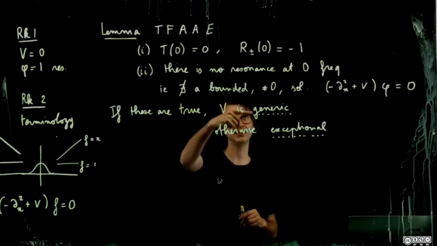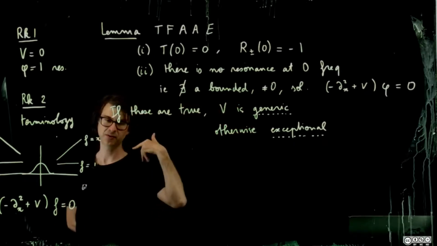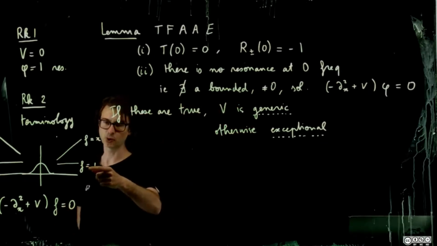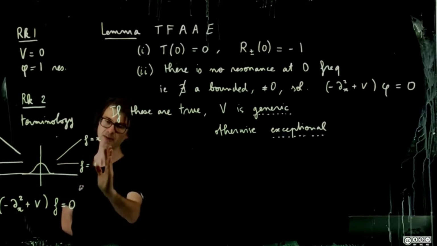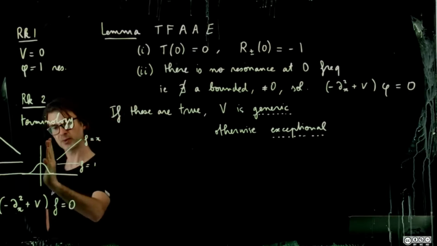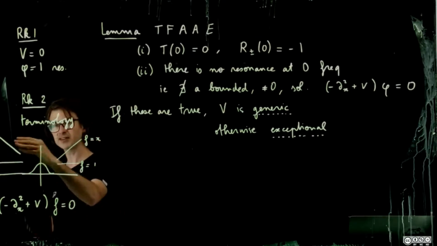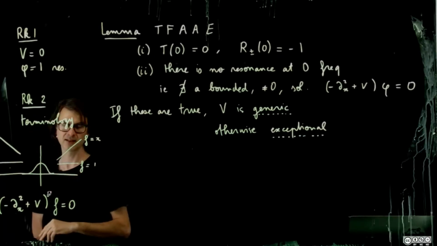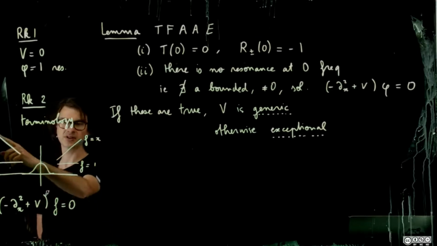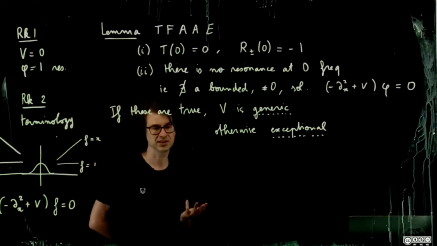So now, what does it mean that the potential is exceptional? What does it mean that there is a resonance? It means that if you solve the equation with f equals 1 to the right of the potential, then you solve through the potential, and you see how it emerges on the left. On the left, it's going to be a linear combination of f equals 1 and f equals x. The only way that this is bounded is if the component on f equals x is 0, which of course in general is not the case.